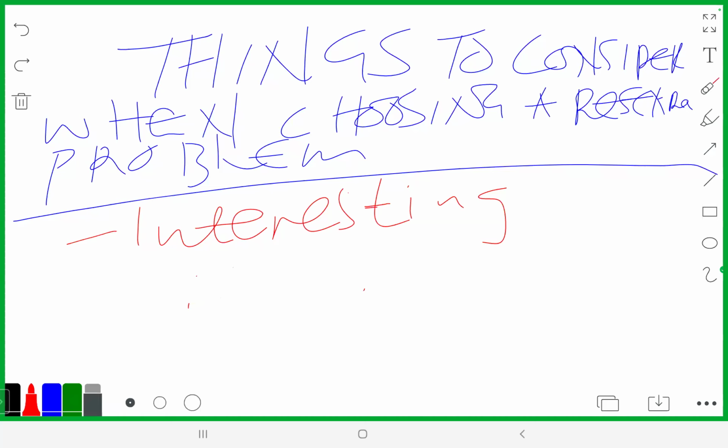So there should be something that you are interested in, and of course it should be within your field of study. For you, your research can be maybe in labor economics. Those who do labor economics, there is something that interested you about it. It can be from managerial economics, or from cost accounting.